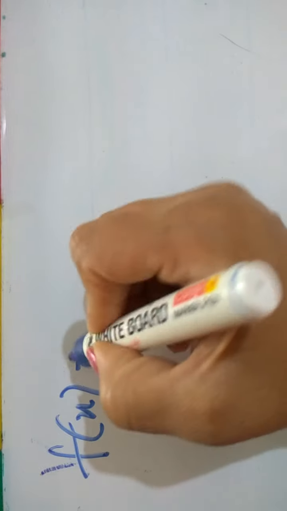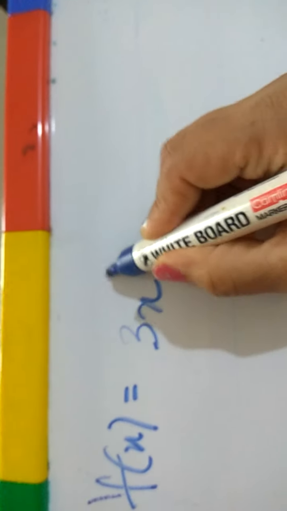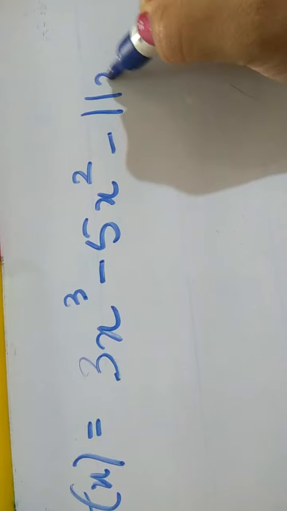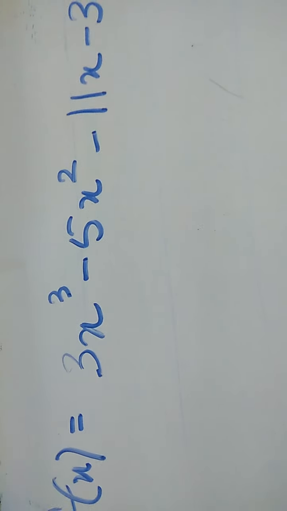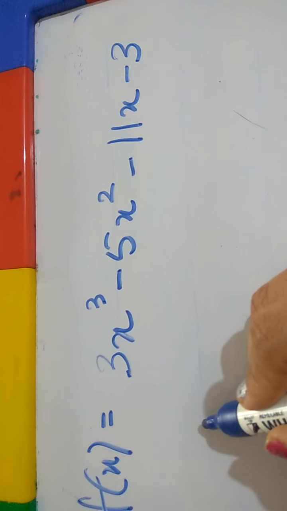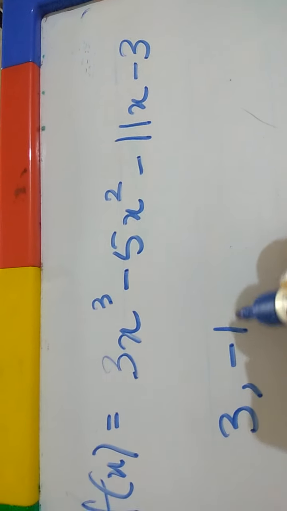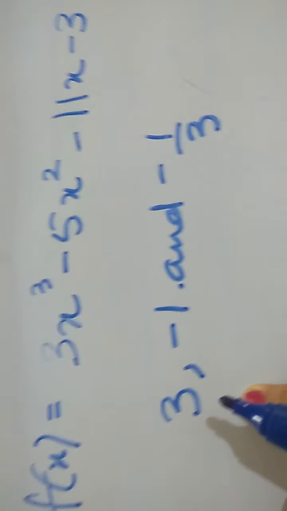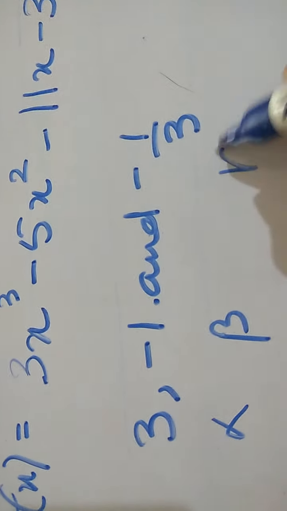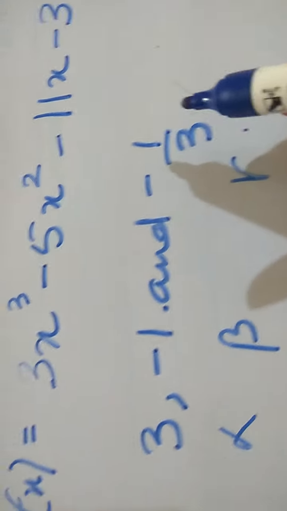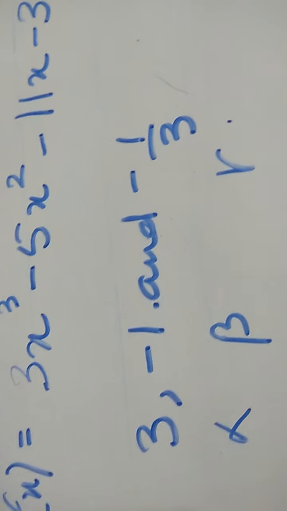Let the cubic polynomial be 3x cube minus 5x square minus 11x minus 3, and its zeros are given to be 3, minus 1 and minus 1 upon 3. So these are the values of alpha, beta and gamma. Here alpha is 3, beta is minus 1 and gamma is minus 1 upon 3.